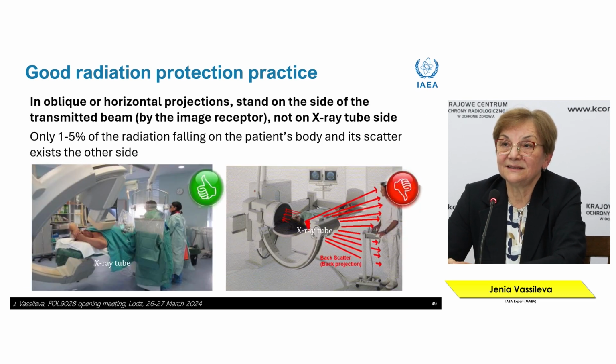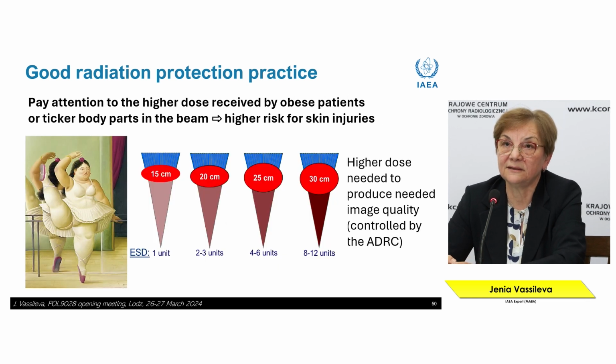Also, if horizontal positioning is needed in some procedure, the proper positioning of the staff is on the image receptor side, not on the X-ray tube side. In this case, the dose that reaches the operator is just a small percentage of the radiation falling on the patient body and the scatter.